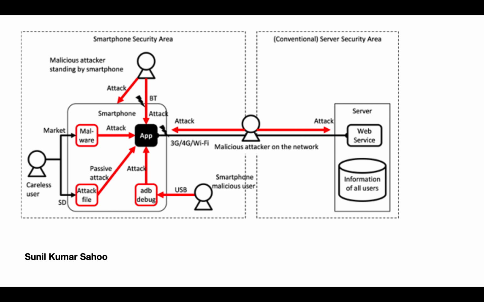What can be the root cause of any attack in a smartphone? One can be a man in the middle attack. Another can be from the proximity area, that is Bluetooth attack or NFC attack. Then USB debugging with ADB commands, and then another layer will be the downloaded file, which can cause the passive attack, and malware which is installed by the user.